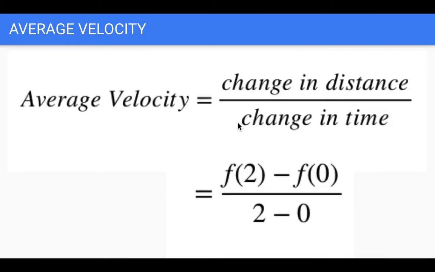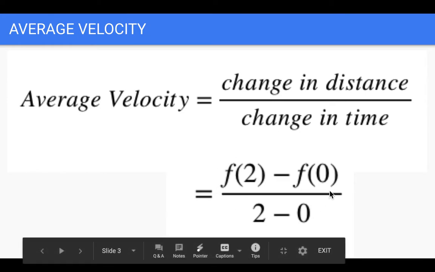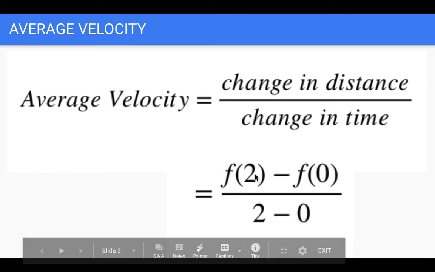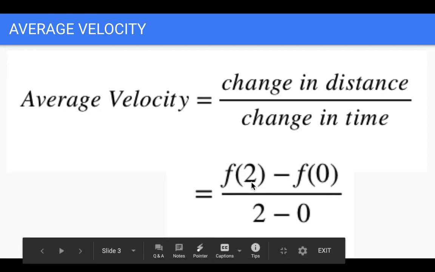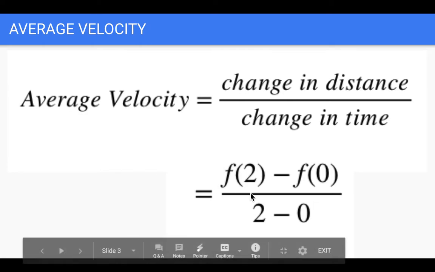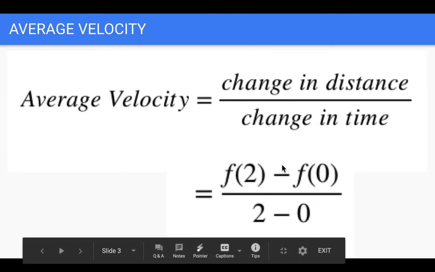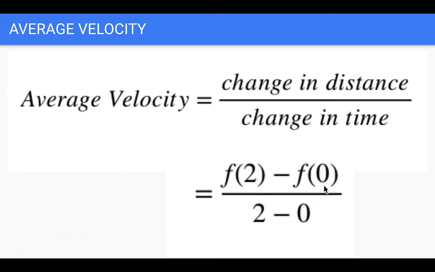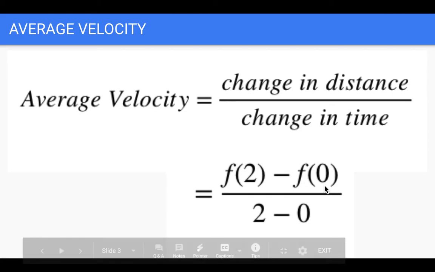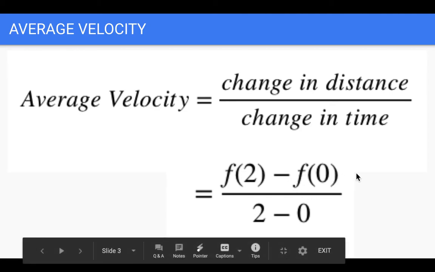Again, average velocity is change in distance over change in time, and I want you to get used to this notation. For the change in distance, we plug a time of 2 hours into our function and ask what the y value is. What's f of 2? Minus, plug the time of 0 into our position function. What is f of 0?